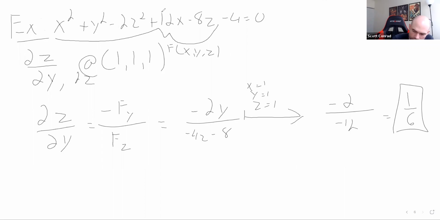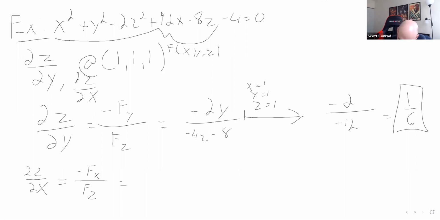And you know what? Let's do dz dx also at 1, 1, 1. So the partial of z with respect to x is flip x and z and negate: negative f sub x over f sub z. So what is negative f sub x? Right, that's going to be negative quantity 2x plus 12.